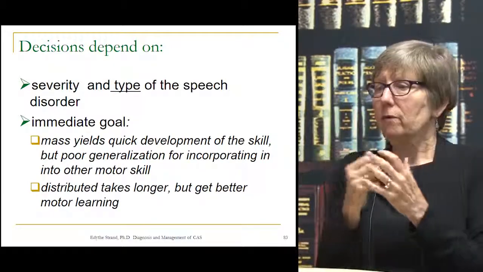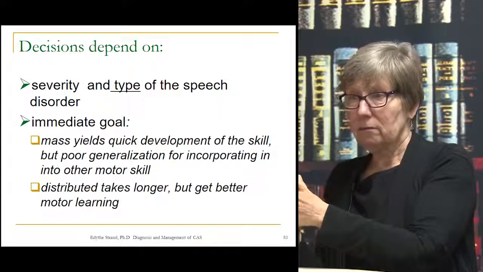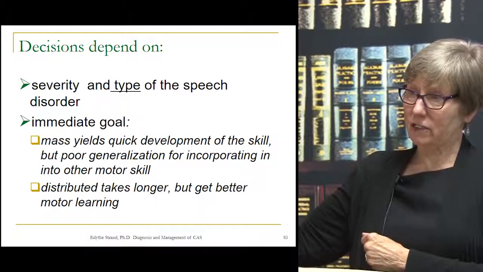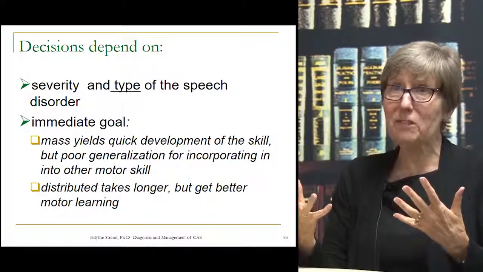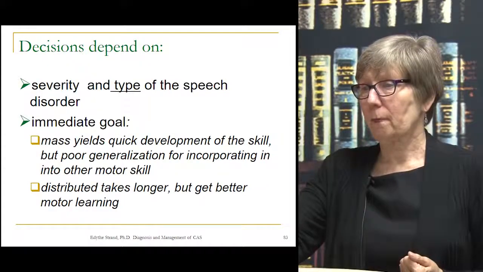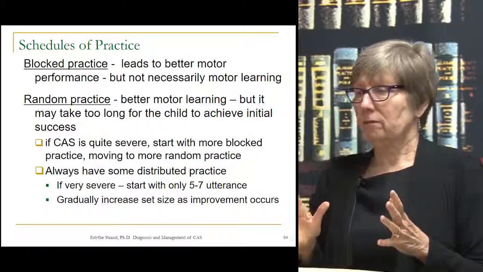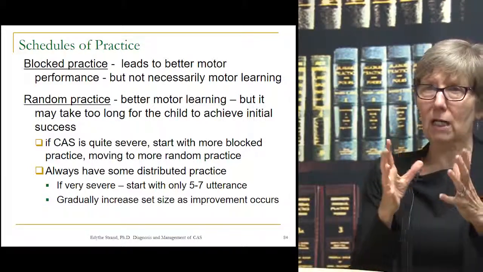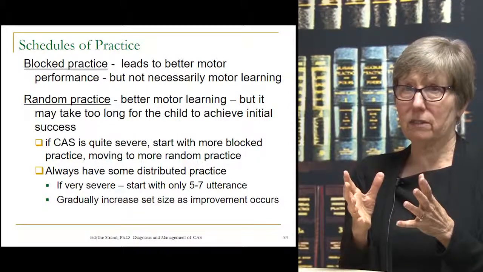We know that mass practice is going to yield quicker development of the skill, but it might hinder generalization. And we know that if we use distributed, it'll take longer, maybe too long, to get anything accurate to begin with. So if the CAS is quite severe, we usually start with more blocked practice, but use what we call a modified blocked approach.